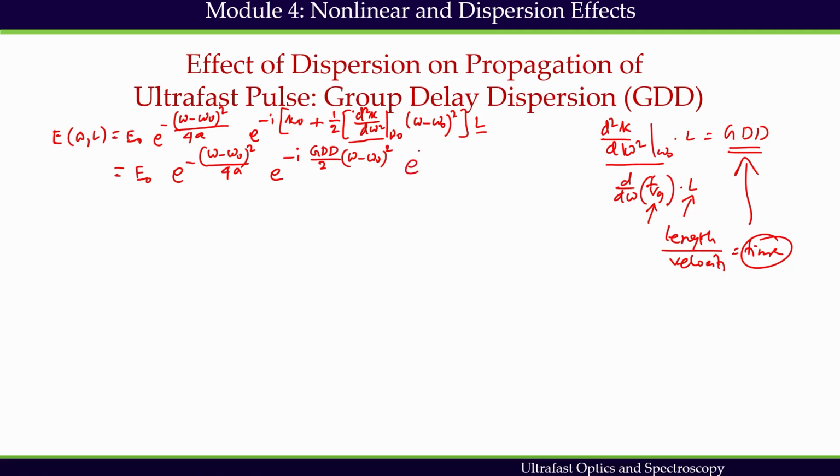And then I am going to write minus i k naught L, that is coming from the first term. So I can rewrite this as E naught e to the power minus (1 by 4a plus i GDD divided by 2) multiplied by (omega minus omega naught) square, multiplied by e to the power minus i k naught L. This is another simplification we have made for this expression.